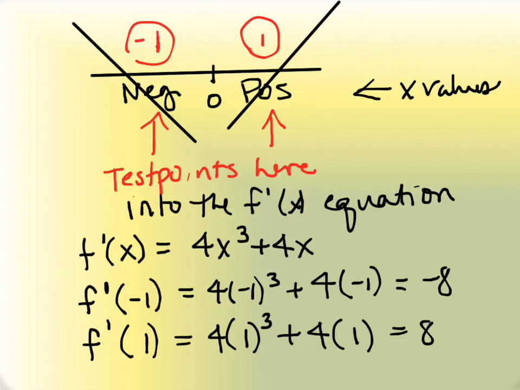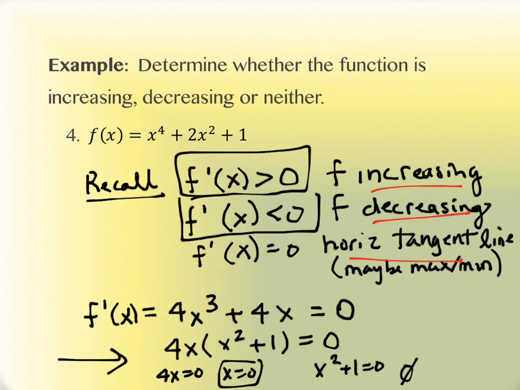Okay, so let me just run through the details about how we make this decision again, because I know you have 4 problems to do and you won't see me inside class again to ask anything about how that worked. In order to decide where something's increasing or decreasing, we look at the derivative graph. So we take our derivative, we set it equal to 0, and we come up with these test points. We're going to call them critical points when we get to the next chapter.